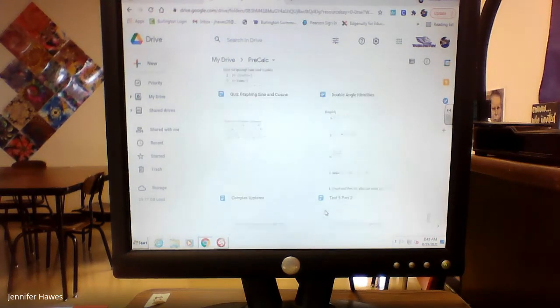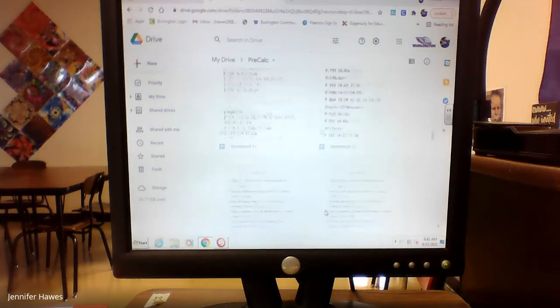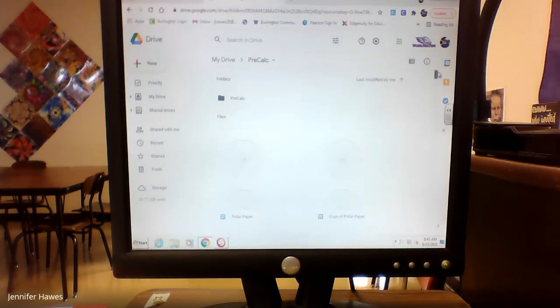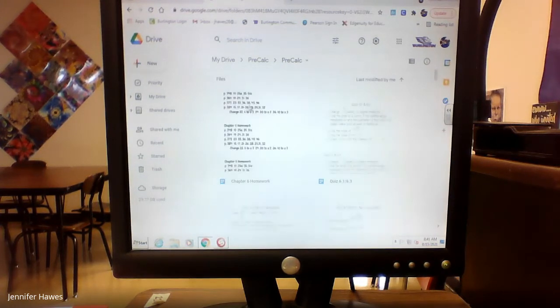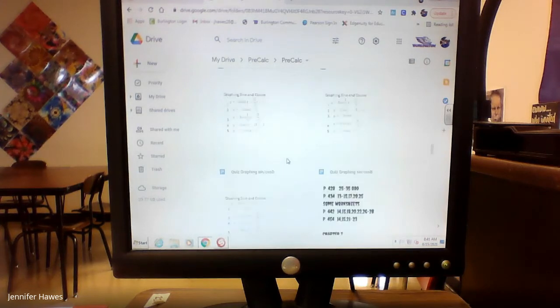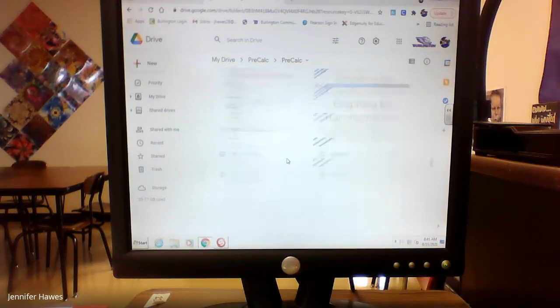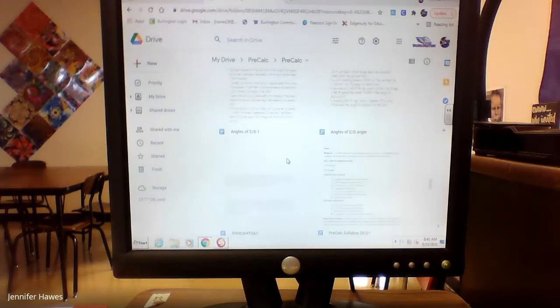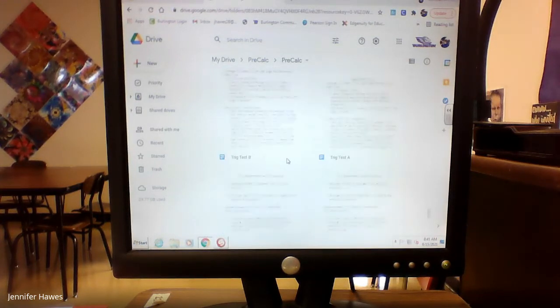Where's everything? How did I somehow screw this up? How did I somehow get a folder inside of a folder? So now I have 2 pre-calcs to open. What's wrong with me? You put a folder instead of a folder name, both the same thing. Uh-huh. So that's a start.